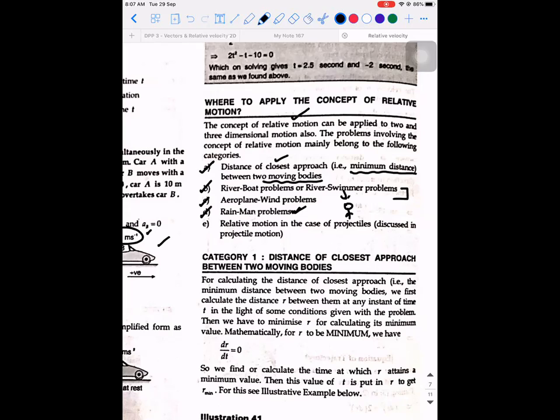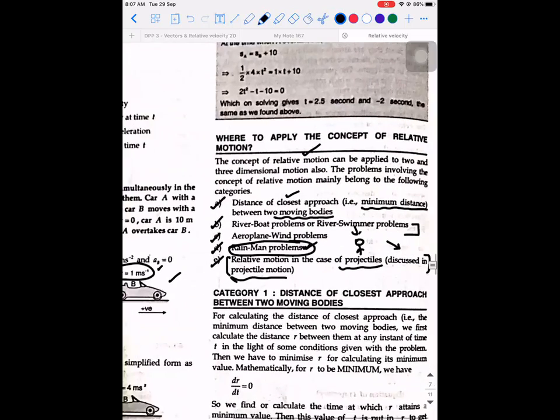Then a wind will be combined with it and its direction will change. Mostly these kind of problems will be like, in what direction is he supposed to hold the umbrella. And the next one is relative velocity in case of projectiles. This is a very, very rare case, but it is similar to the previous problem that you did. Depending on the problem, you have to do it. But these four are common.